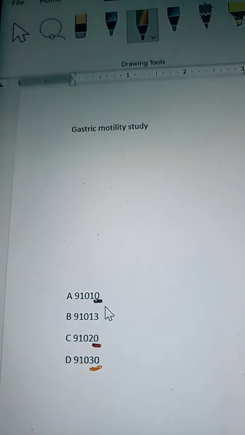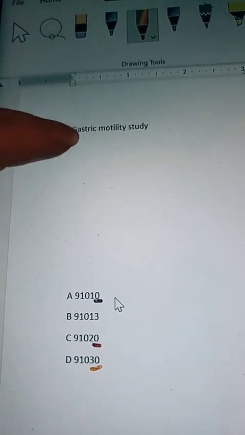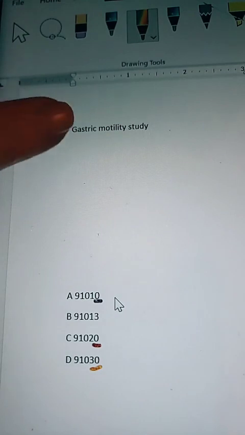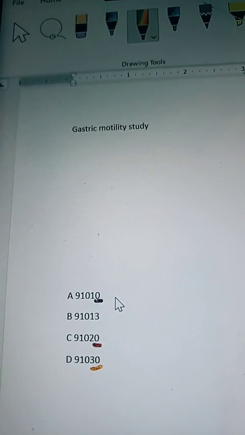And I can't really hide the question, but the question is a gastric motility study. And I've seen these on several questions floating around. Has anybody had that already on their AAPC exam? I think they do test you on the gastric study.